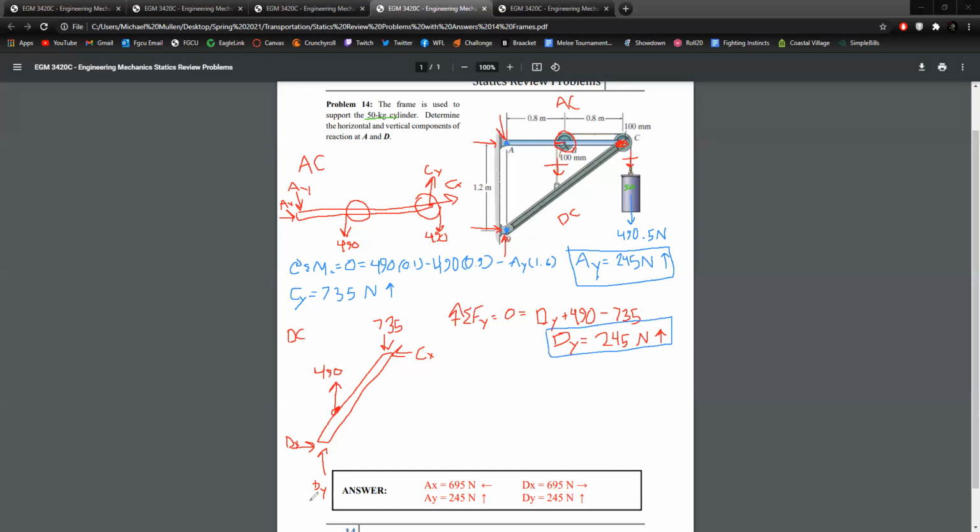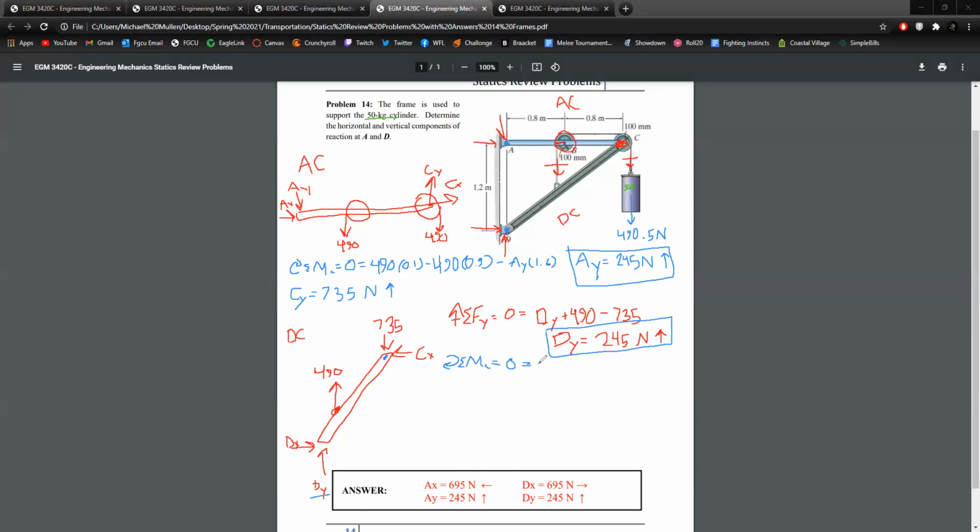Next, now that dy is known, we only have two unknowns here. So if we were to do a moment about c, cx would go away, and dx would be our only unknown. So let's say we do counterclockwise moment about c is equal to 0. Doing this equation, we're going to get the 735 to cross off. Cx is going to cross off.